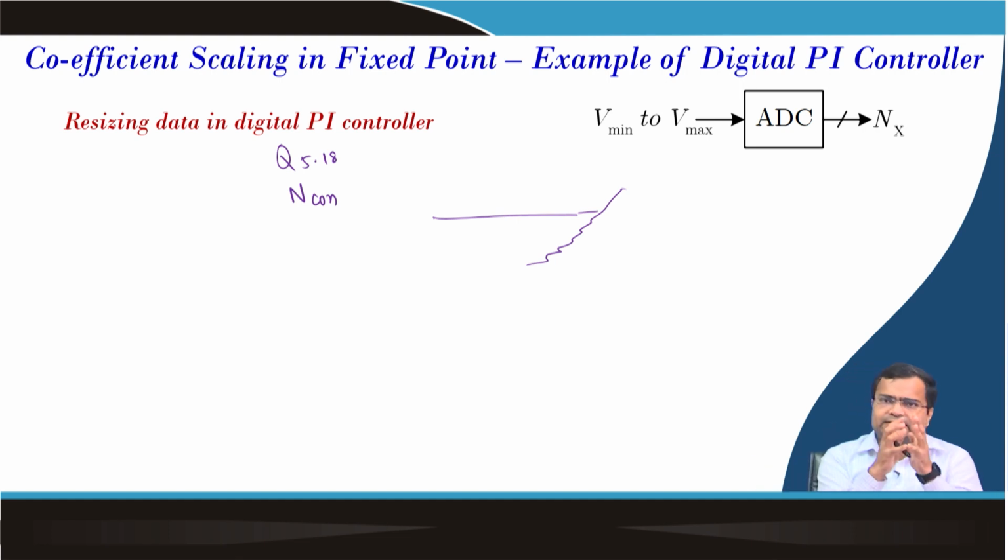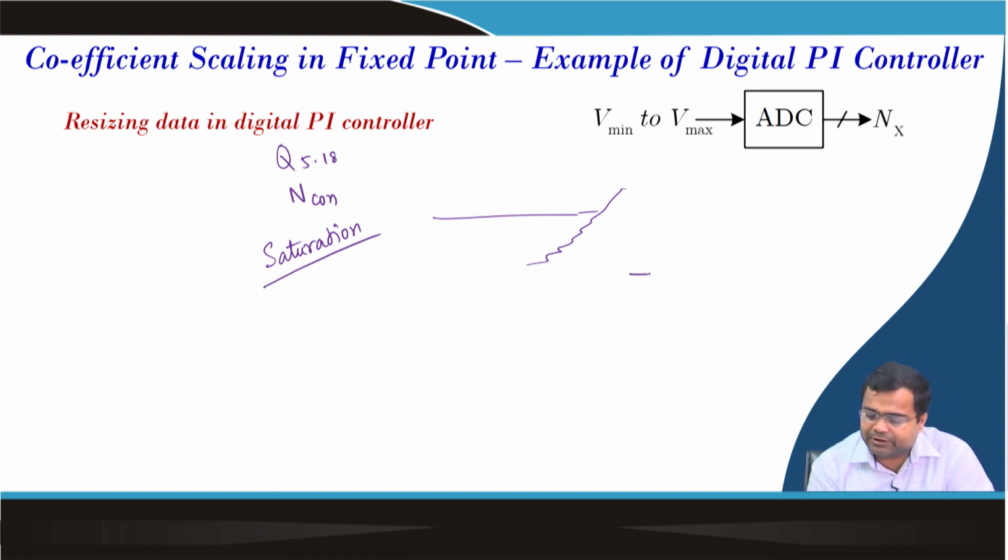First of all, we need resizing of the integral and proportional terms to add them, and then resizing of the Q to fit, because we have to compare with another signal. Secondly, we also need a saturation block, because there is a high possibility that the integral will saturate, and with signed numbers there can be a wrapping error.